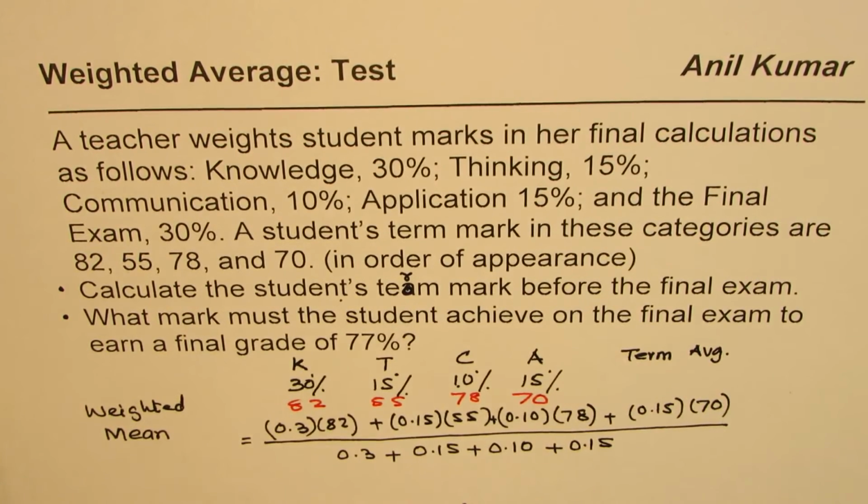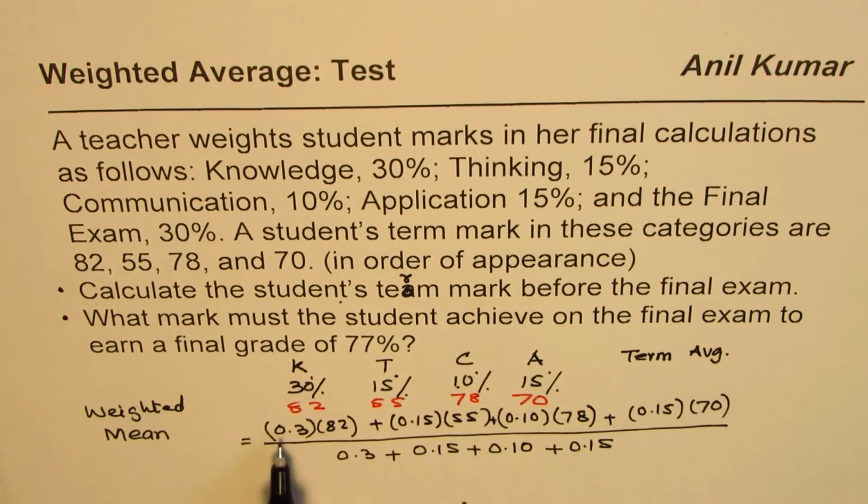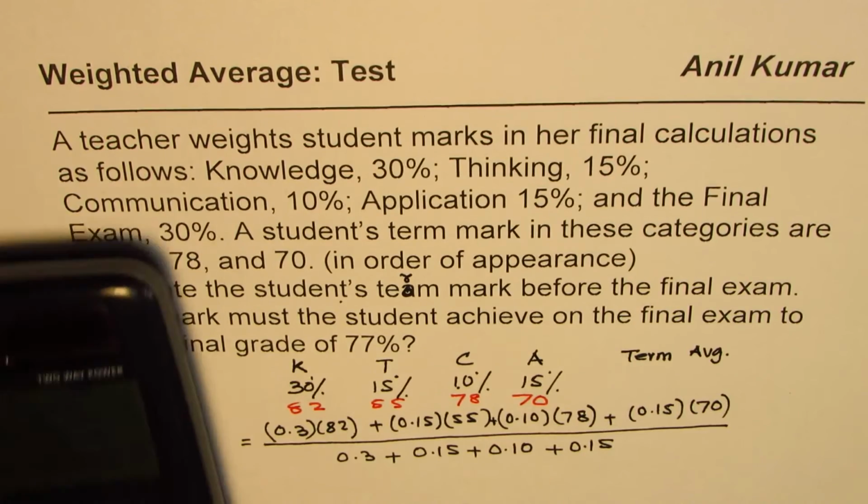And then we can use the calculator to calculate the answer. So you can see from here, it is not necessary to write the decimal equivalent. You could have written directly 30 times 82, 15 times 55. In that case, the denominator will be 30 plus 15 plus 10 plus 15, right? That's okay. Anyway, let's do it.